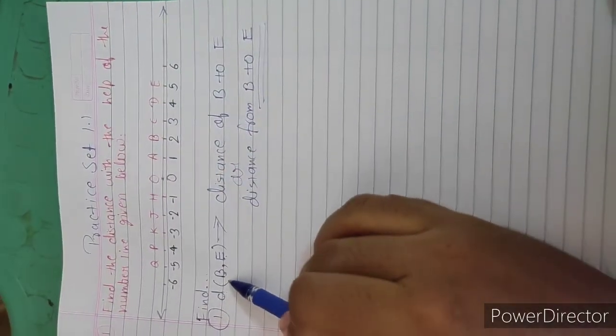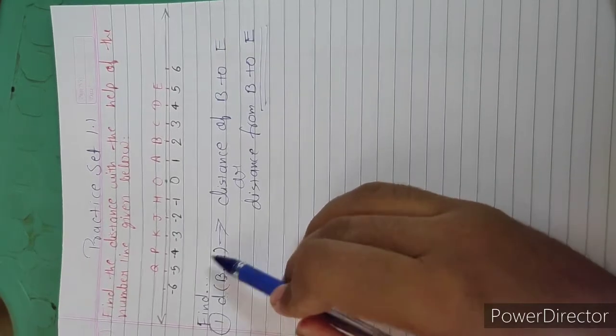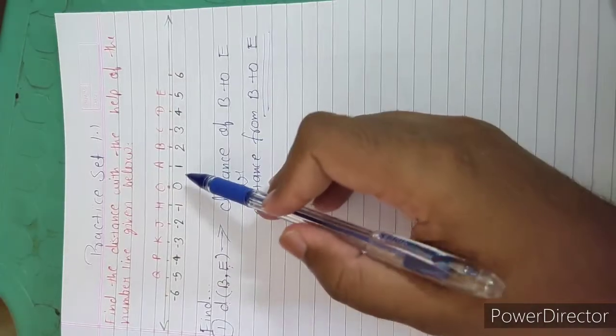We have been given alphabets in the question, that is B and E. So there we use alphabets as numbers.